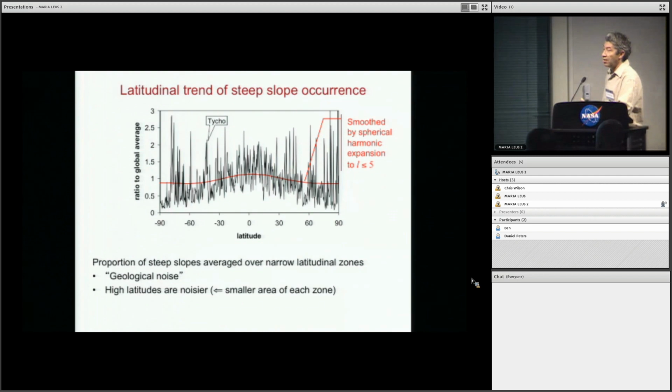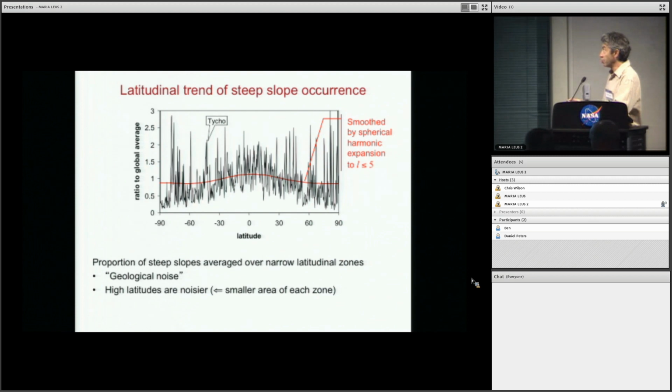To see if there is some global pattern, we need to smooth this curve very significantly, and we did this through spherical harmonic analysis. When we smooth everything down to spherical harmonics of degree 5, we have this curve. You see some excess of steep slopes in equatorial region.